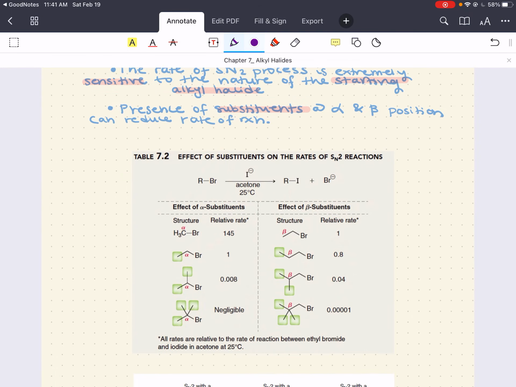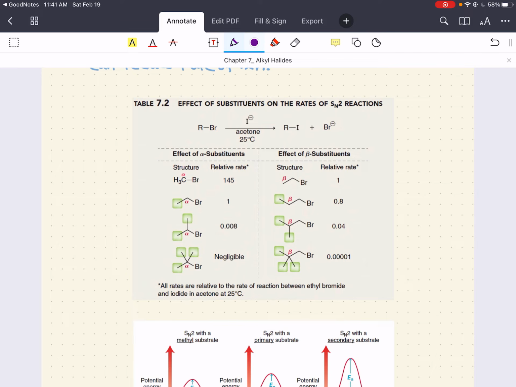Looking at this really nice table, if at our alpha position we just have a methyl group, and then if it's primary, secondary, or tertiary, as you increase the number of substituents at the alpha position, look at how our relative rate of the reaction just keeps decreasing. If there are a lot of substituents at that alpha position, the rate of the reaction is just going to get slower and slower for the SN2 reaction.